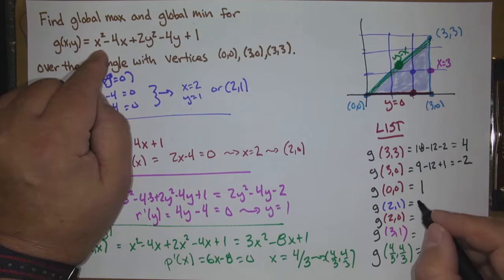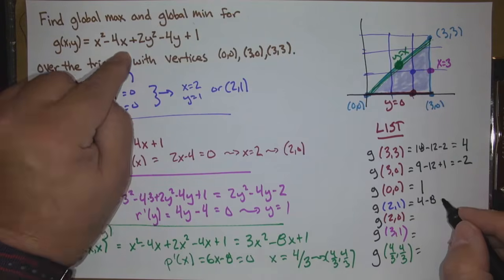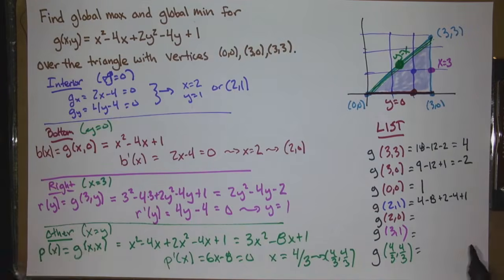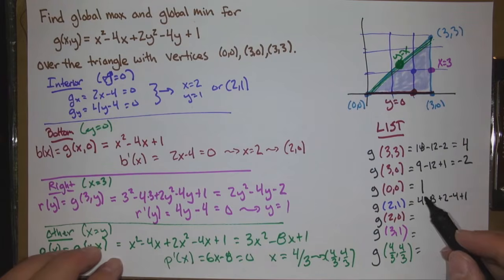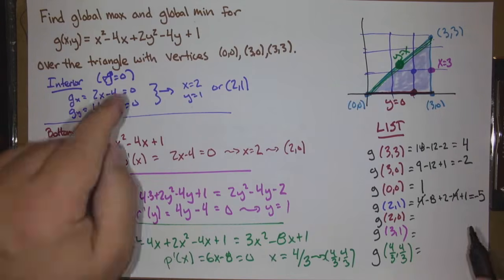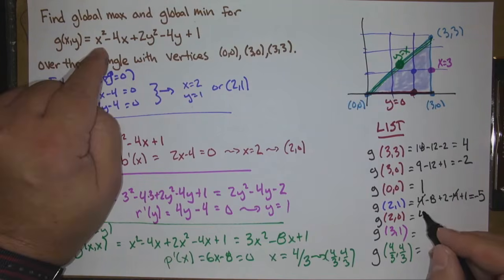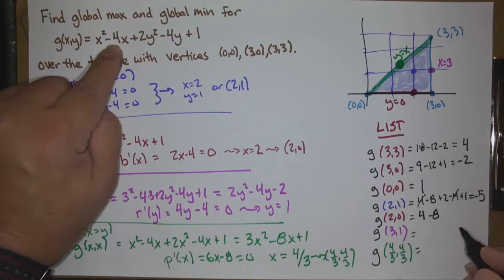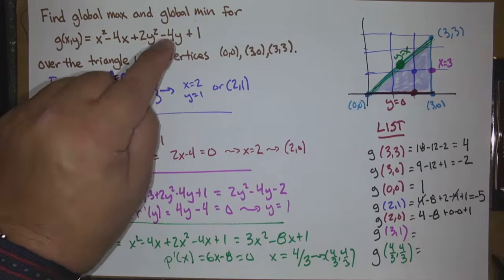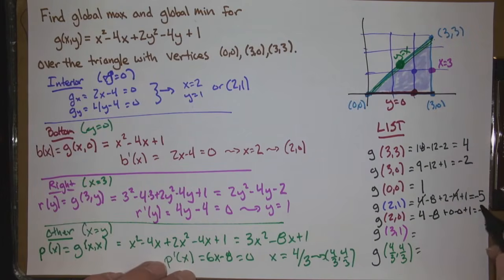So that's 4 minus 8 plus 2 minus 4 plus 1. And, well, the 4's cancel. But 3 minus 8, negative 5. Okay. 2, 0. So that's 4 minus 8 plus 0 minus 0 plus 1. 5 minus 8, negative 3.